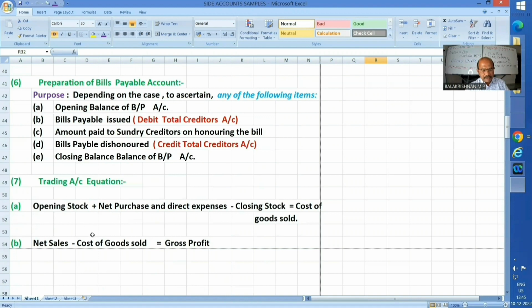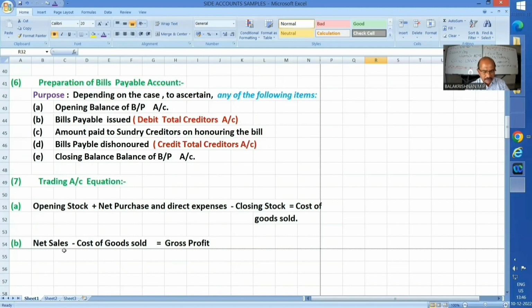Then some equations subsist in a trading account. Opening stock plus net purchase and direct expenses minus closing stock is the cost of the goods sold. That's what a trading account explains. Okay. You can transpose any of these and get the required item. You may have to get the opening stock someday, you may have to get the closing stock someday, like that.